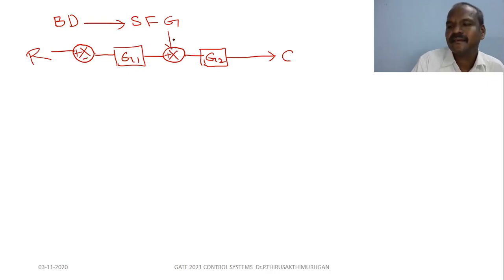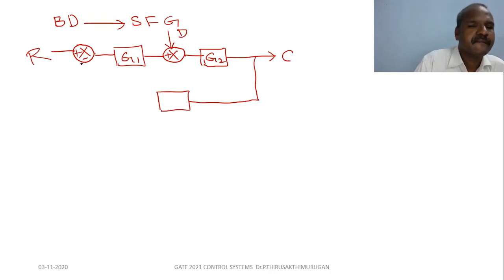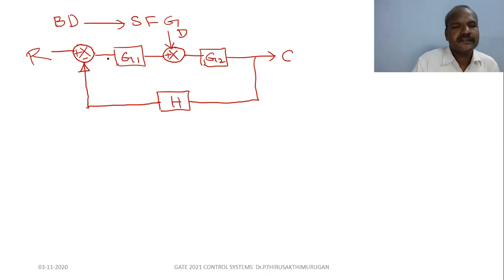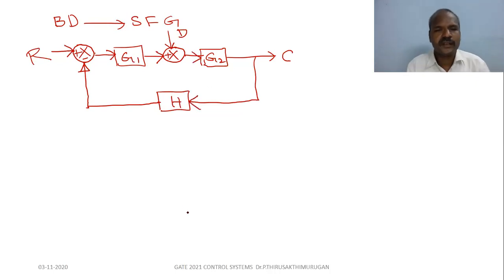We are also adding a disturbance here, plus. Then there is H in the feedback path. Please don't forget to put the flow direction, because it will modify the total result. This is a feedback path.